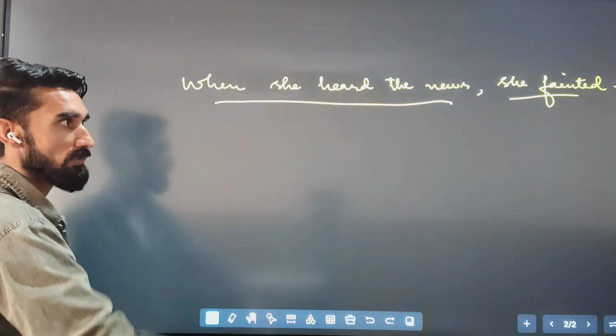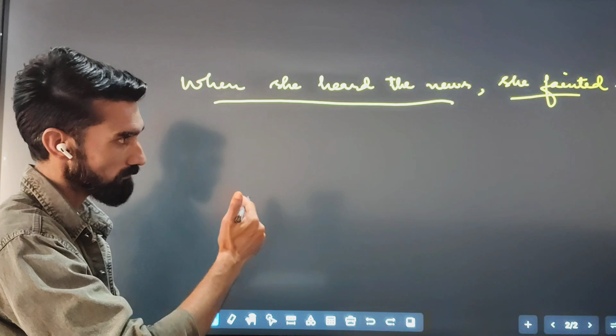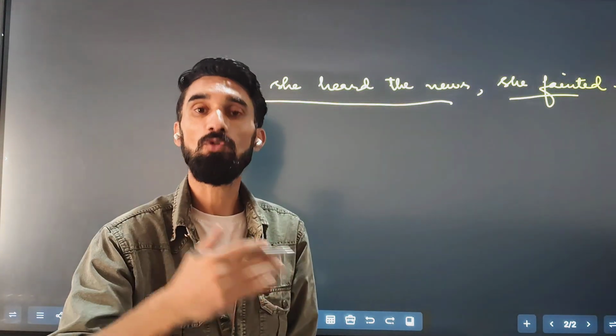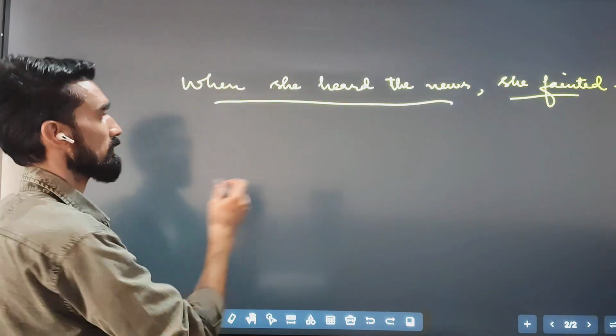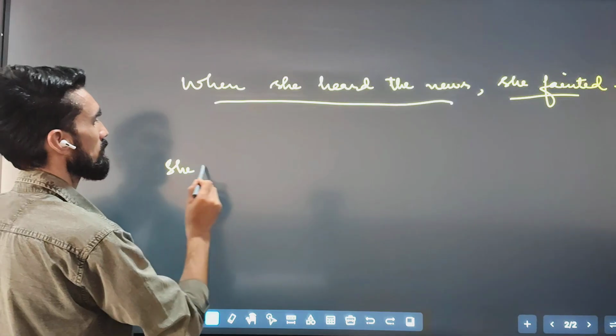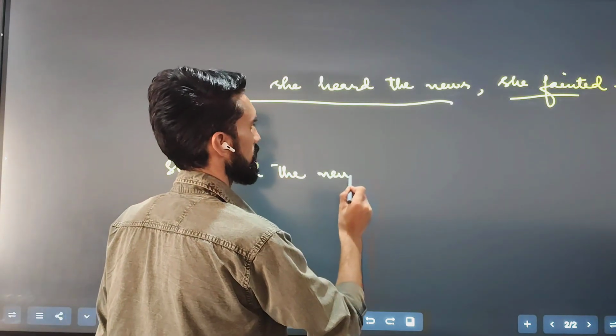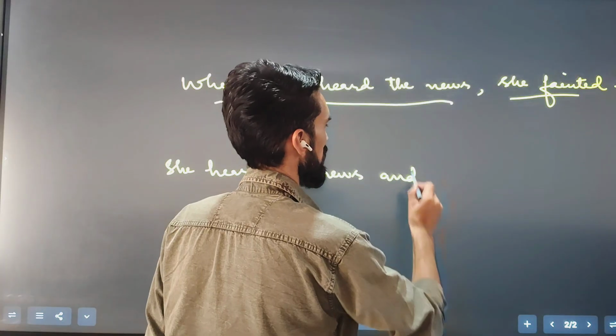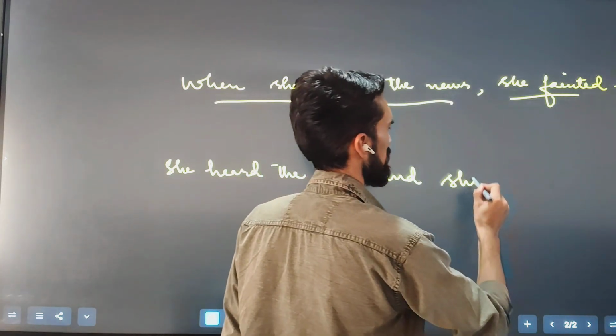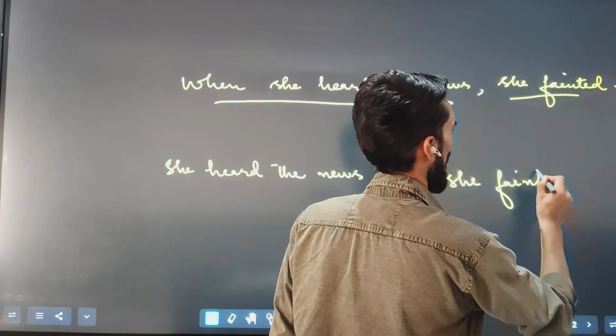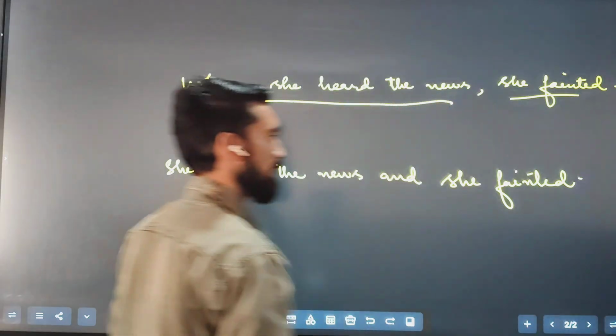If you convert it into the compound one, you need to put it into two independent clauses. It will be: she heard the news, and put a coordinating conjunction here in between and write another clause here that is independent.